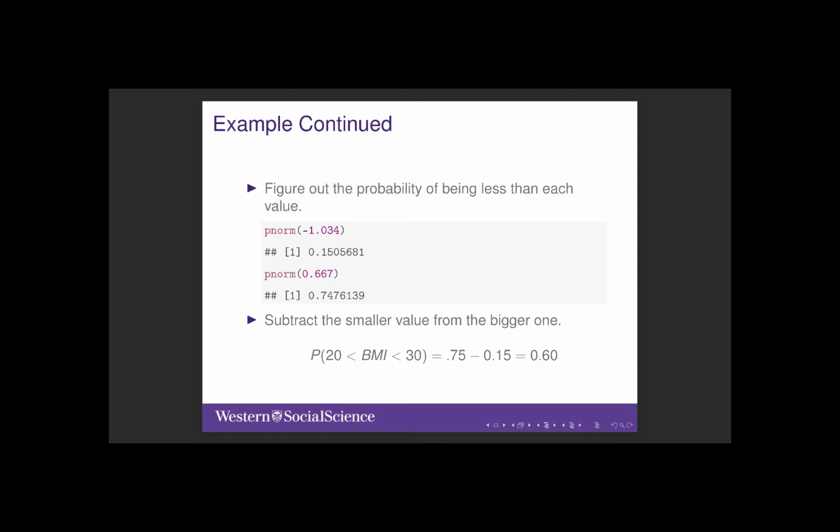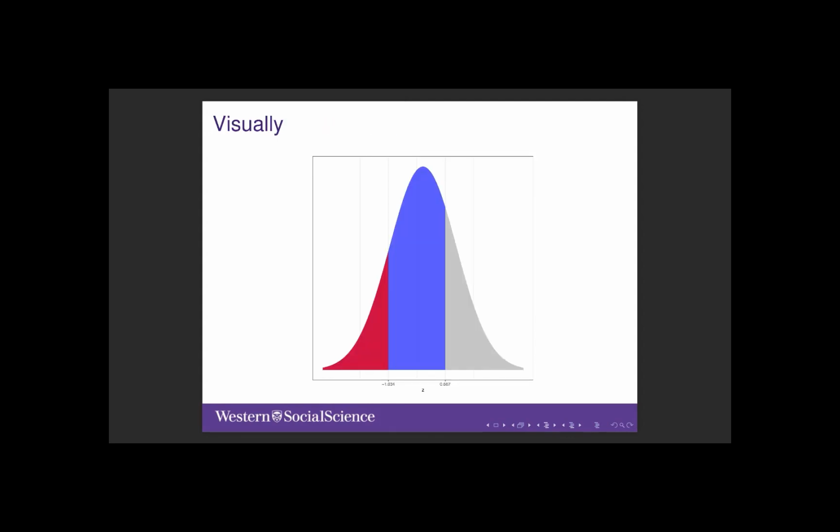If we subtract 0.15 from 0.75, that gives us the probability of being in the range 20 to 30, which is about 0.6. We could also display this visually. You can see the area under the normal curve up to 0.667 is colored in both red and blue, and that's about 75% of the distribution.